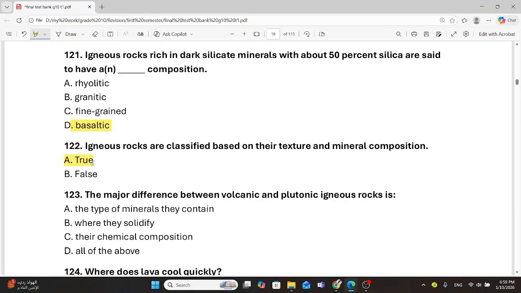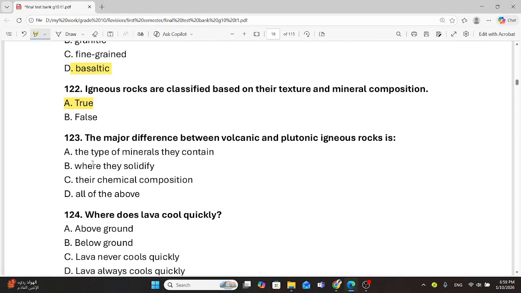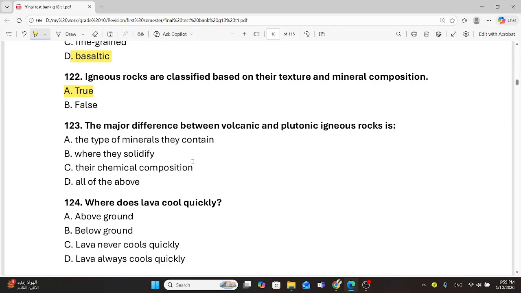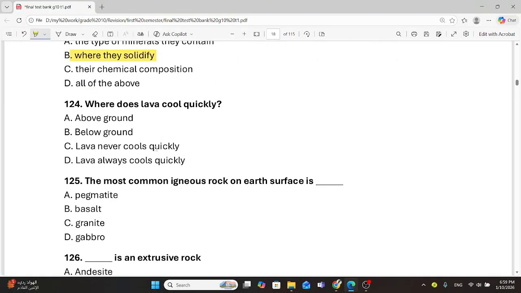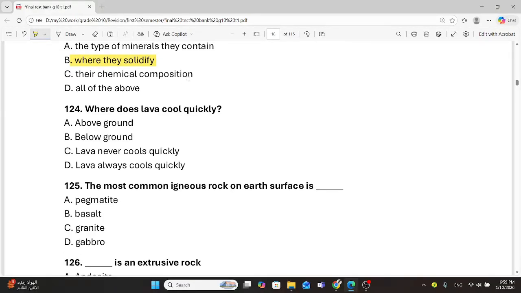True. The major difference between volcanic and plutonic igneous rock is the type of mineral they contain. No, it is how they solidify and their chemical composition. Not all of the above.